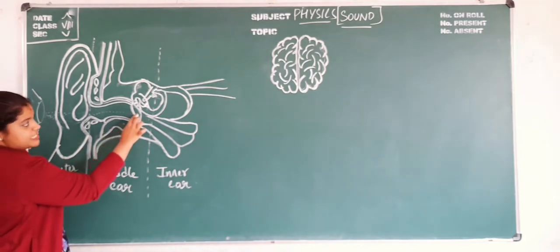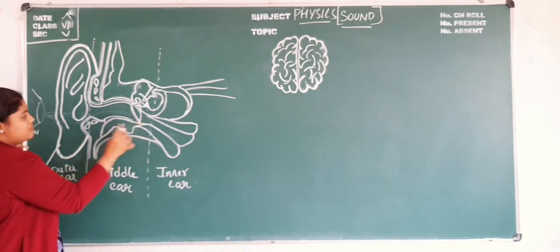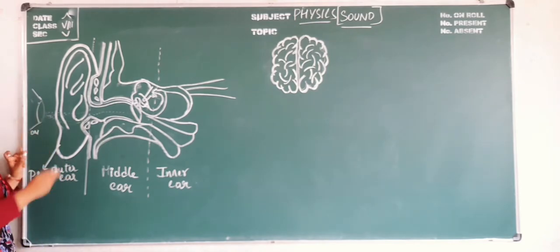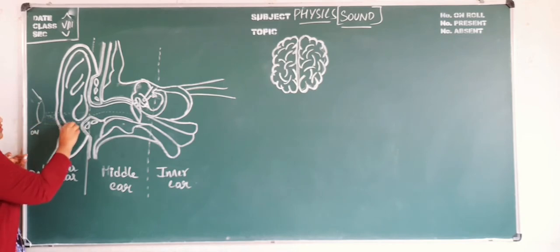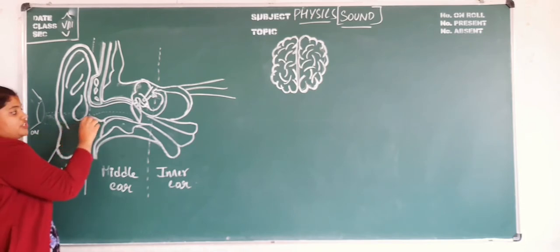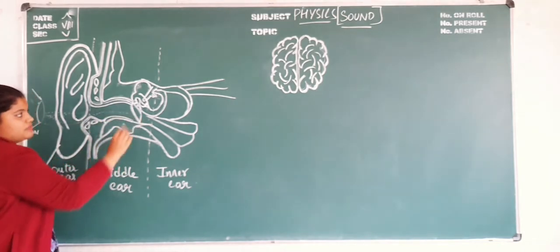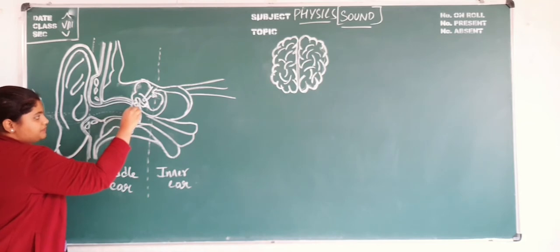When sound is produced by the speaker, the particles near the speaker start vibrating, and these vibrations travel through the funnel, the hole in our ears. Through that hole the vibrations enter our ears and strike the eardrum.